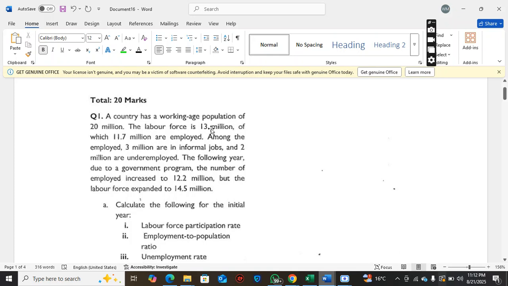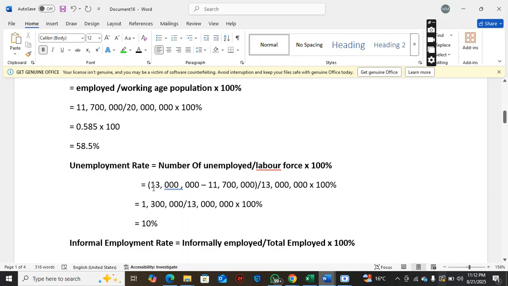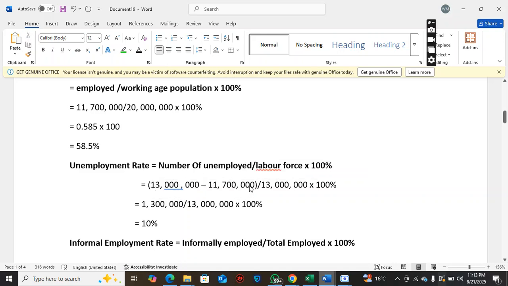So we subtract the number who are employed from the labor force to get the number of unemployed. So 13 million minus 11.7 million, we get 1.3 million. Divided by 13 million, we get 0.1 times 100, 10%. So out of the labor force, 10% are unemployed.